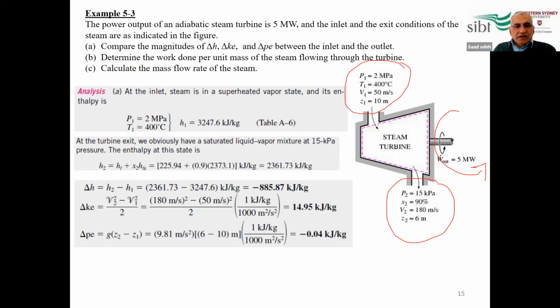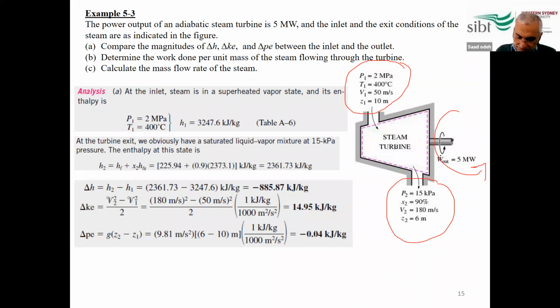And as you remember, for every question, the first thing you need to do is to write down the energy balance equation, so that you know which part of the energy balance equation you can remove.